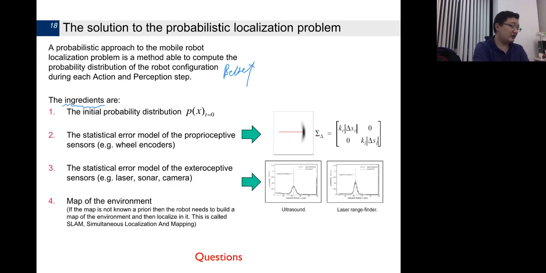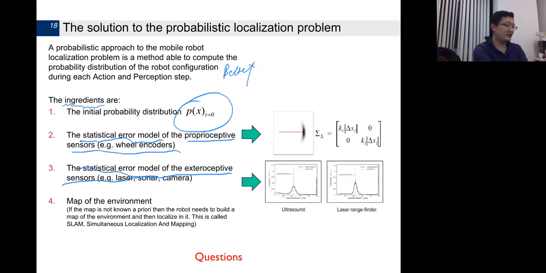You need the initial probability distribution. Usually this is uniform. And you need a statistical error model for the odometer, the egoceptive sensor. And you also need the model for the extraceptive sensor.